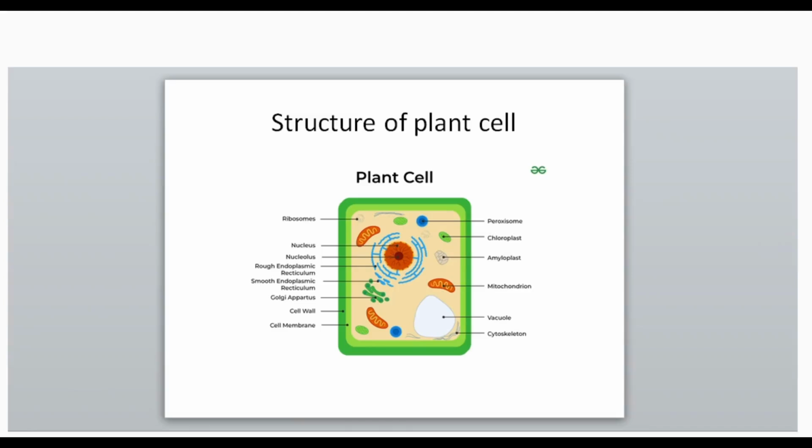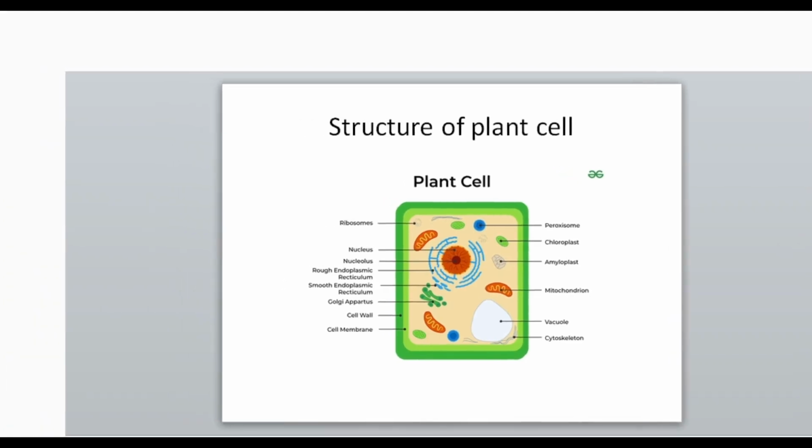Structure of the plant cell. Unlike the animal cell, the plant cell has an outer part which is made up of what? The cellulose cell wall, before the cell membrane. The cellulose cell wall gives the plant cell a definite shape.